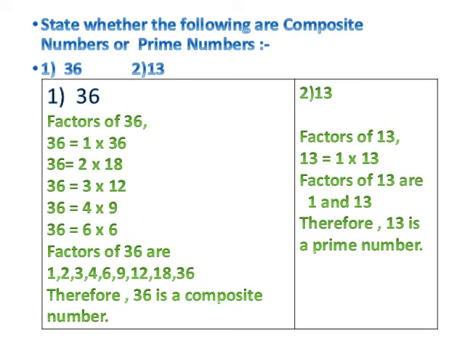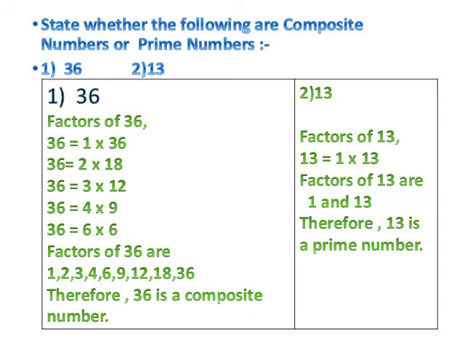The factors of 36 are 1 into 36, 2 into 18, 3 into 12, 4 into 9, 6 into 6. So the factors of 36 are 1, 2, 3, 4, 6, 9, 12, 18 and 36. Therefore 36 is a composite number, because it has more than 2 factors.